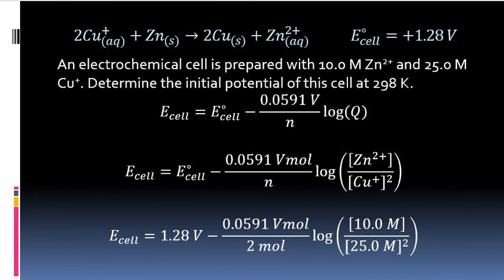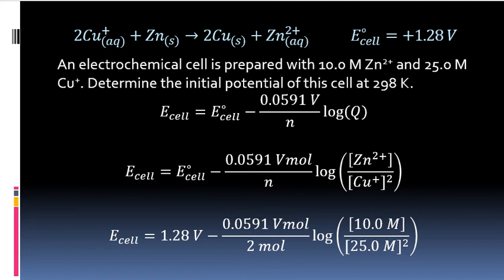So continuing our sample problem with copper 1 plus and zinc, let's calculate the potential for this setup. The setup is an electrochemical cell prepared with 10 molar zinc 2 plus ion and 25 molar copper 1 plus ion.